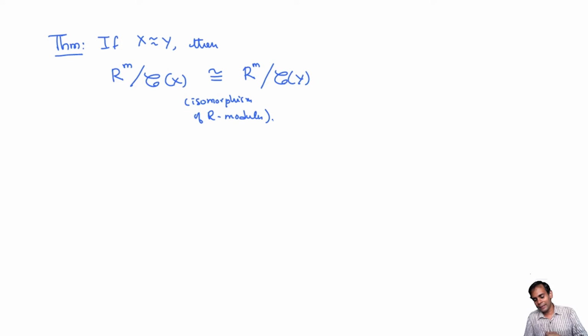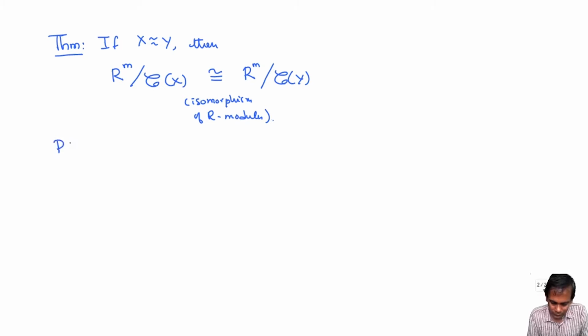We've already seen that every finitely generated module over a Noetherian ring is going to be of this form. And so now once we have the matrices, we can also use this equivalence notion to try to understand when two modules given in this form are actually isomorphic.